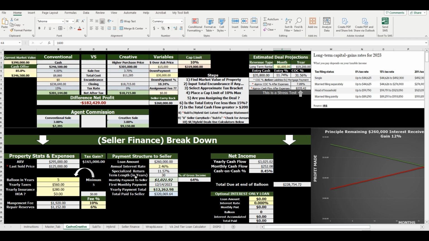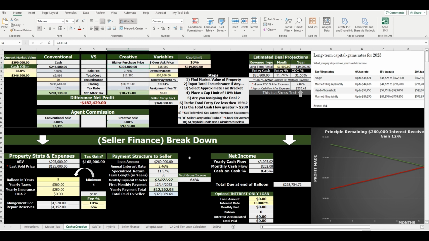That structuring seller finance deals on paper matters. If we were to structure the loan amount based off of the 305, we would be greatly overpaying for the property. Now, your question might be, okay David, if you're trying to control the back end total profit being received by the seller, what is the sales price of the property going to be?